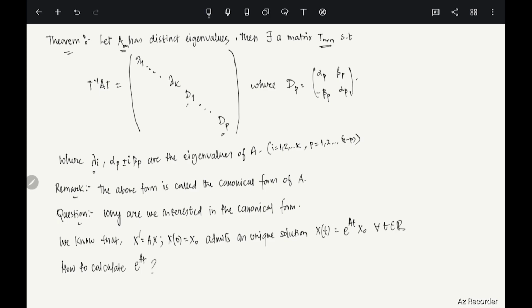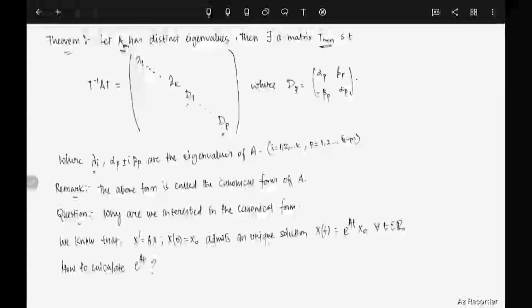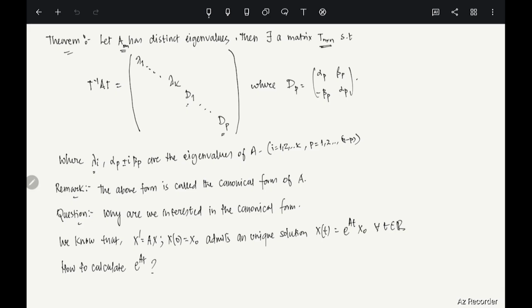Now you see, case 1: if A has distinct eigenvalues, then what happens? A admits distinct eigenvalues, so there is a T such that T inverse AT can be written as this diagonal matrix.